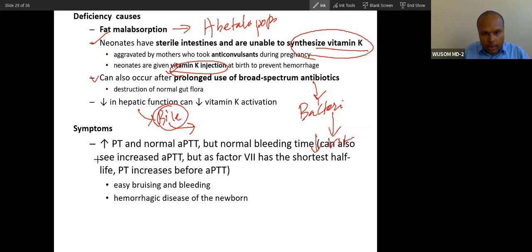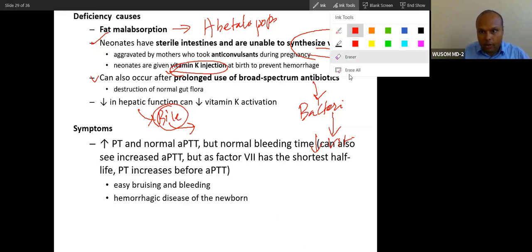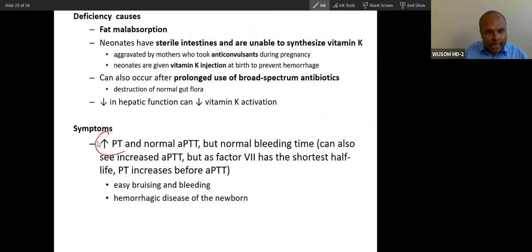Now you can see vitamin K deficiency will cause increased PT in the beginning. In the beginning, only PT is increased because PT is associated with the extrinsic pathway. You know, factor 7 is involved, so prothrombin time is increased in the beginning.